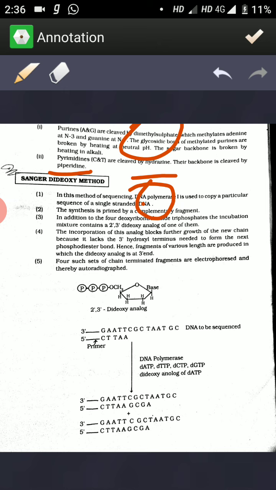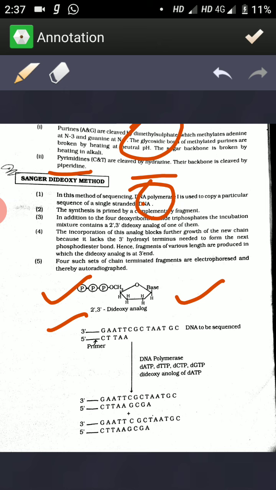4 such sets of chain terminated fragments are electrophoresed and thereby autoradiographed. This is the structure of the 2',3'-dideoxy analog triphosphate.